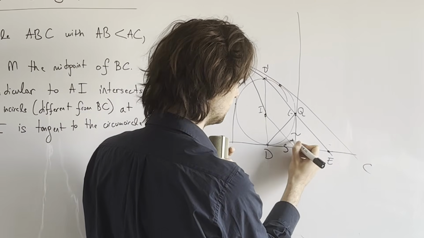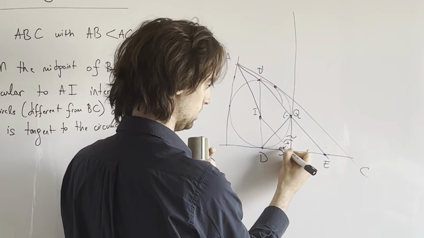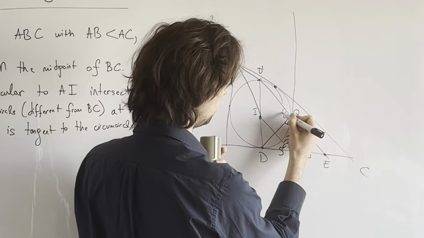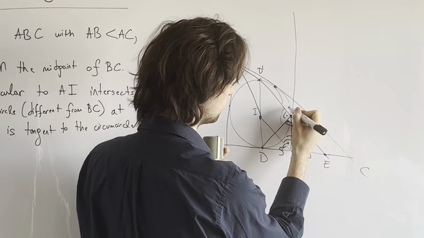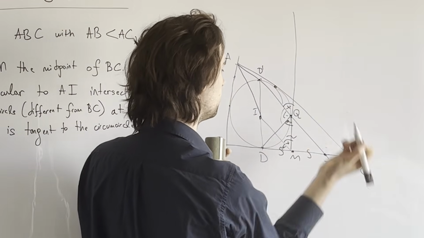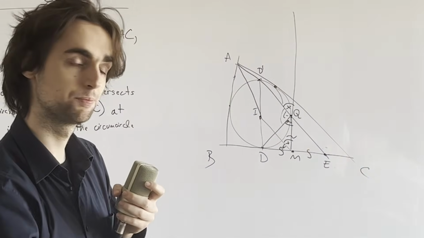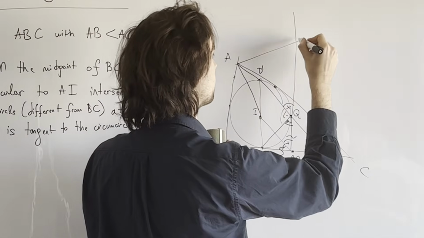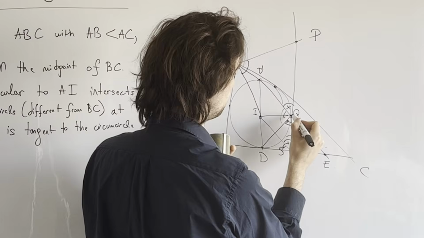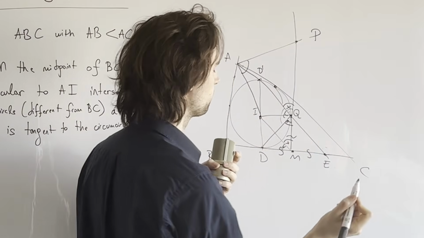So this means that if this angle is X, which is equal to this angle, that means that this angle over here needs to be equal to 90 minus X, which means that this angle over here needs to be equal to X. So now we intersect with P, and we get this is at 90. We know that this is also at 90.